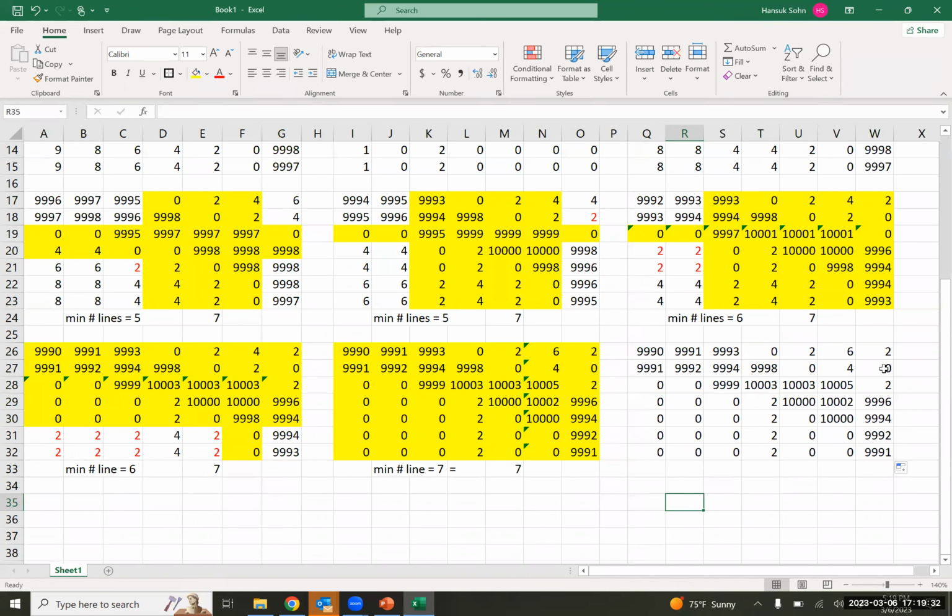Where do we have? I think this one only appears once in the last column, right? So we need to choose that. And then you need to cross out the same column and row, right? To prevent further assignment from that row and the column.